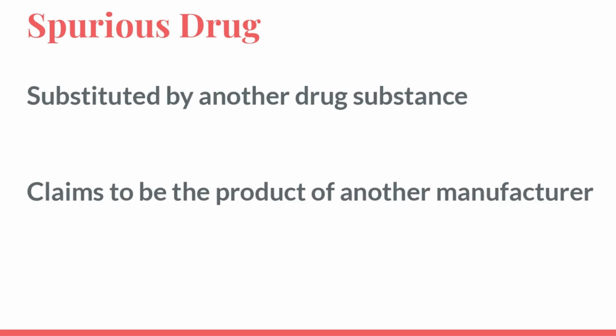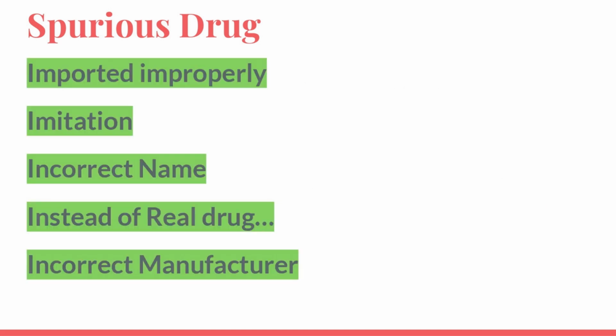If one drug is substituted with another drug, it will be called a spurious drug. The substitution may be full or partial. If a manufacturer makes a drug by using the name of another manufacturer, it can be called a spurious drug.